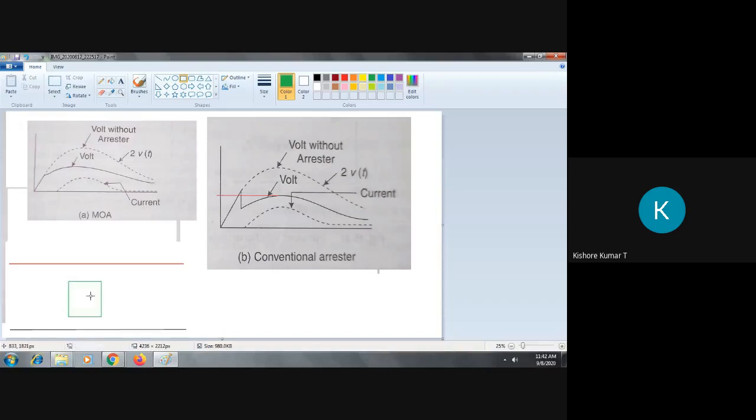Let us assume that as an equipment which is to be protected, and this as a lightning arrestor.